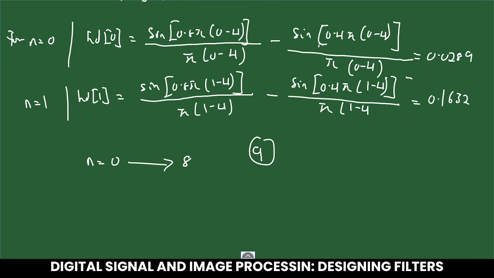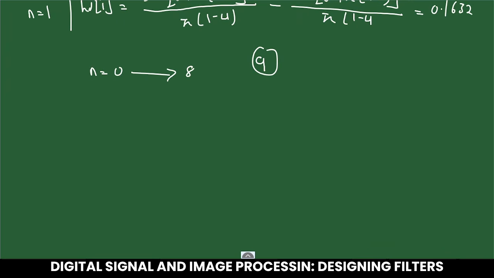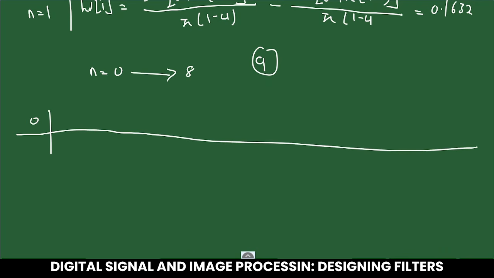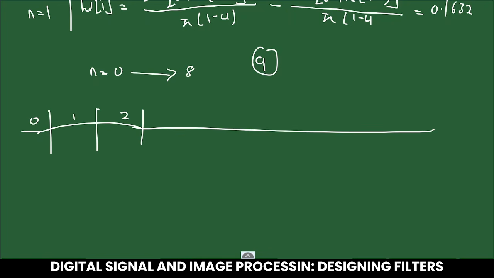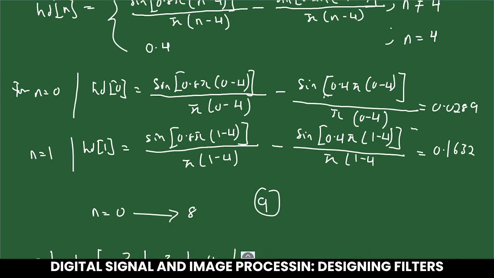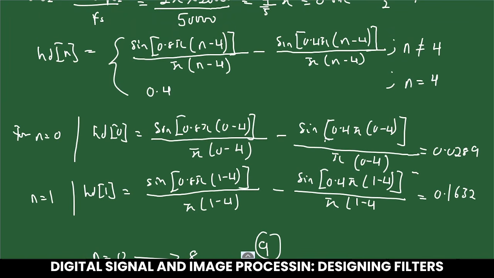Yes, I'm not going to do that because of time, but I'll write the values because we are going to use them. So 0, 1, 2, 3, 4. Sorry, I forgot to talk about this. From the expression given, we have 0.4 here when n is equal to 4.